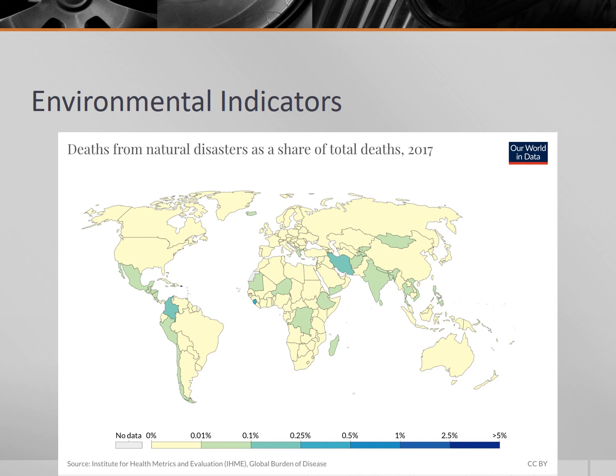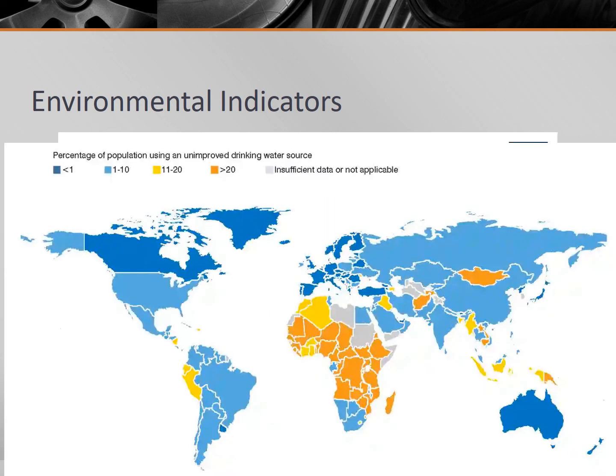But a country's level of development can impact the likelihood of whether or not a lot of people are impacted by a natural hazard. And then finally, we could also look at access to safe, potable water, which is what this map looks at. All of these serve as good indicators of development.